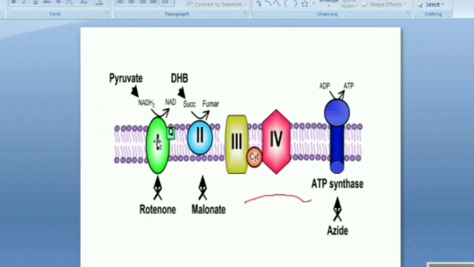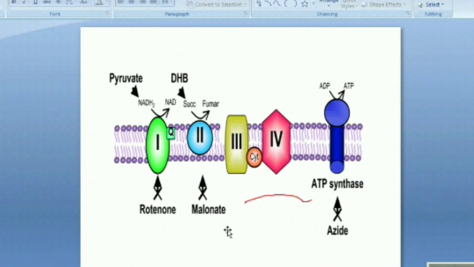We mentioned protons are transported vertically. That means protons are being transmitted in this direction, from complex 1, complex 3, and complex 4 to the intermembranous space. This is the intermembranous space. This is the inner membrane, this is the outer membrane.